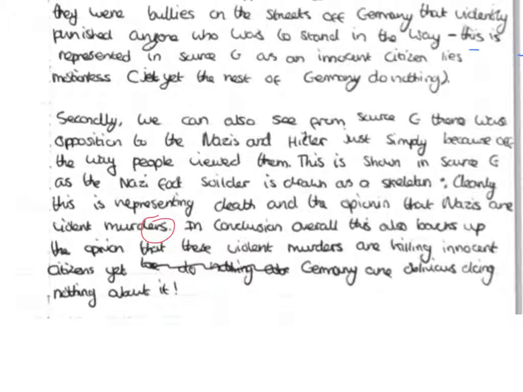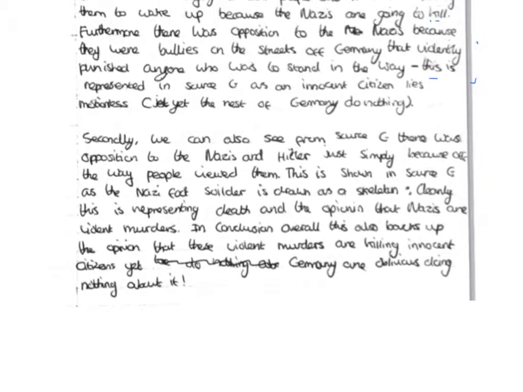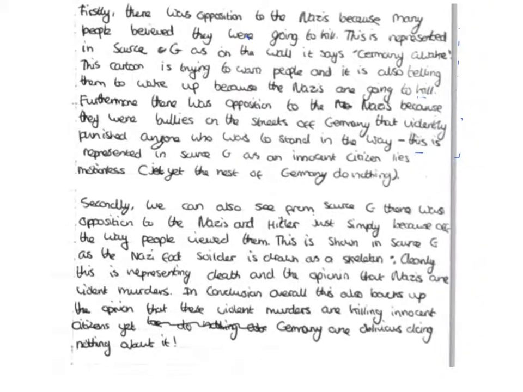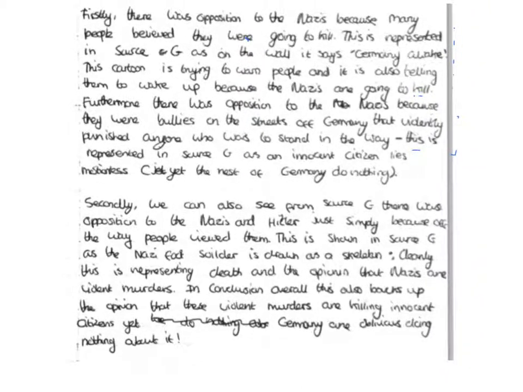Not great. Some good points in here. I think where the positives lie is that there's more than one reason. The person has attempted to give different reasons for why there was opposition. I think there could have been a discussion about opposition from the communists or from other political parties.